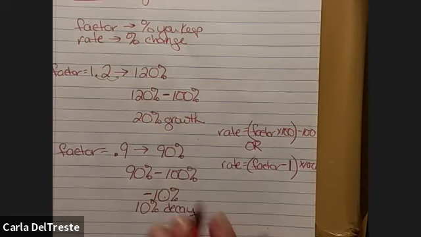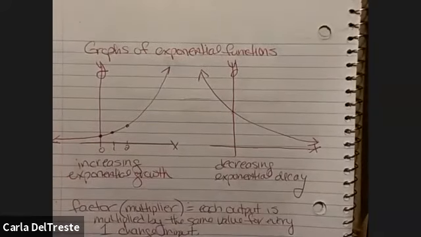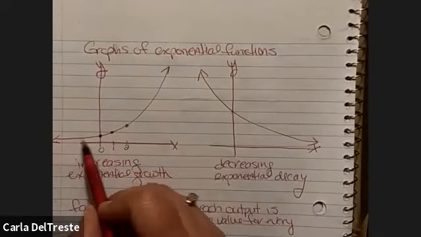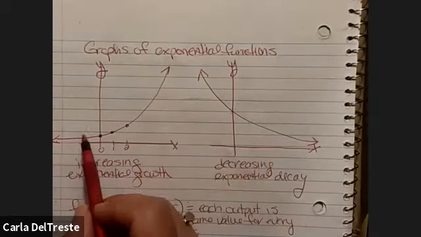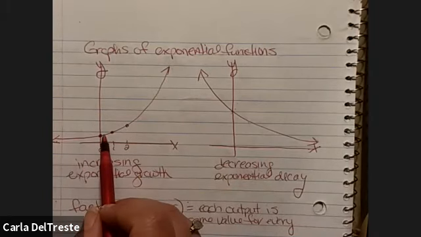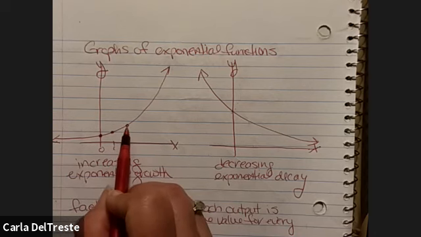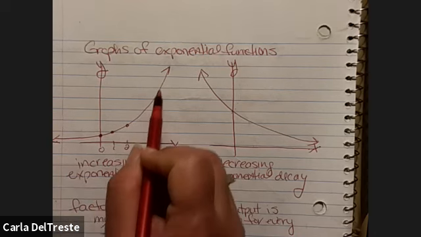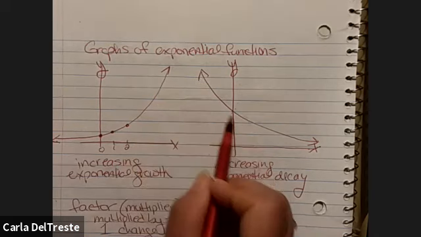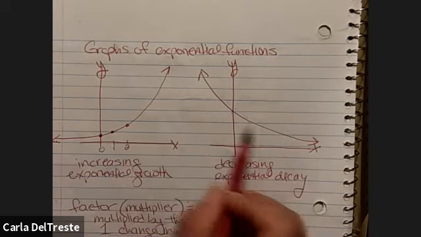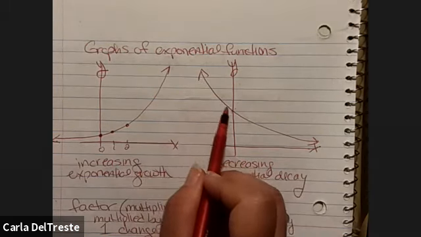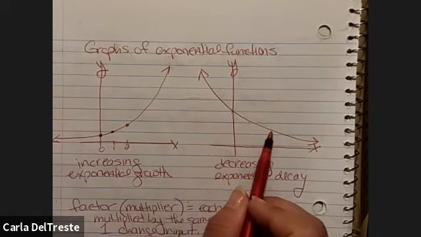So, going back to these two pictures, since this is increasing, I know that this must have a factor that is greater than 1 because it's the multiplier that's occurring. Since this is decreasing, I know that this must have a factor that is a decimal, okay, or a fraction.